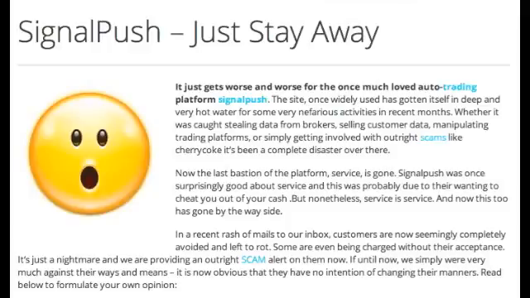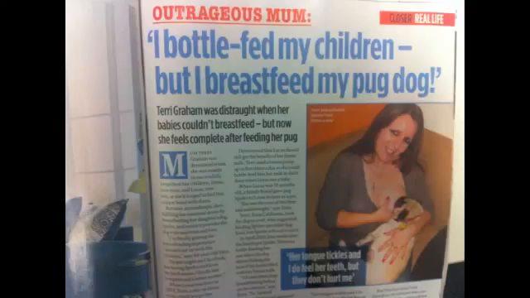There's not a great deal of truth to much of the stuff that I've seen. I know people use Go Options, Signal Index, Signal Push, and all different brokers. I know scams, but none of these guys are scams. They're all on the up and up. Everything that I read is just tabloid bad mouthing back and forth for competitive reasons.